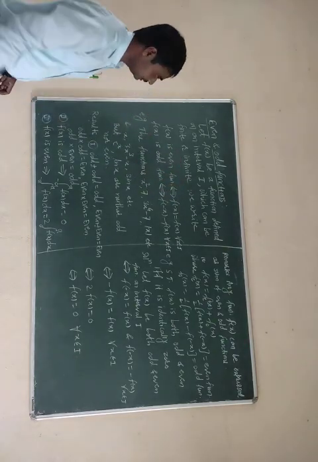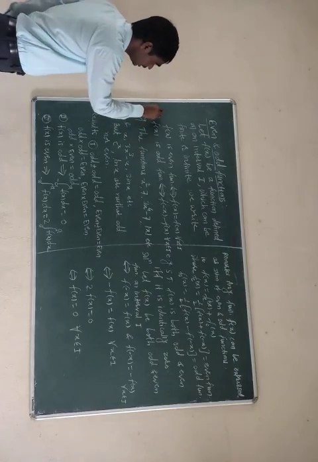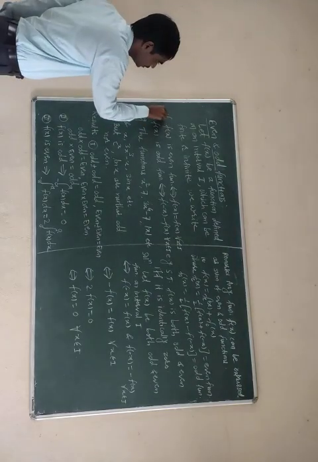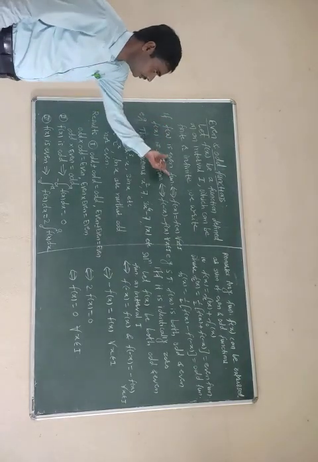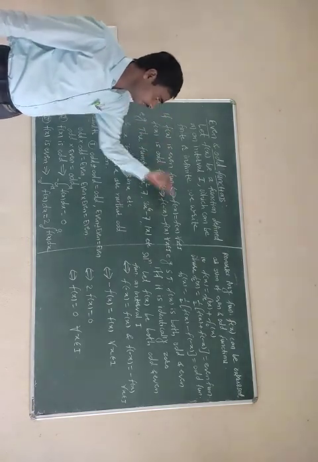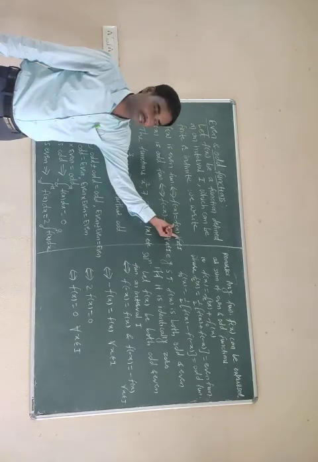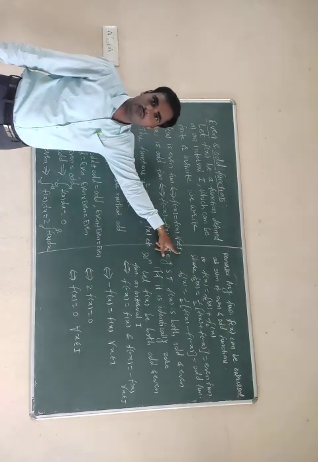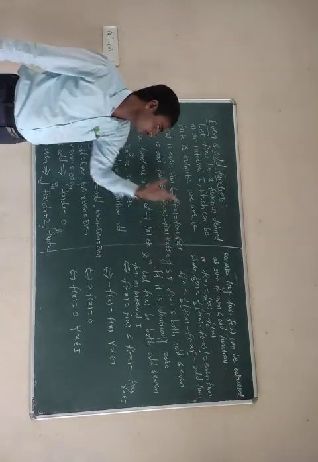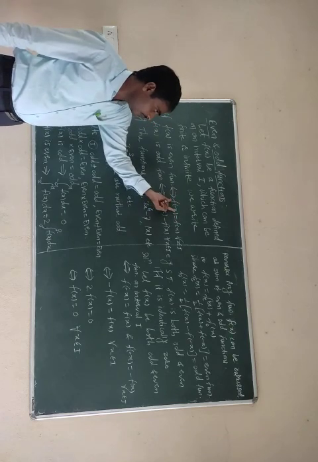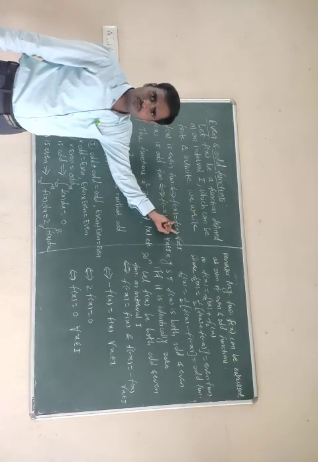So we may write that f of x is an even function if and only if f of minus x equals f of x for all x belonging to I.